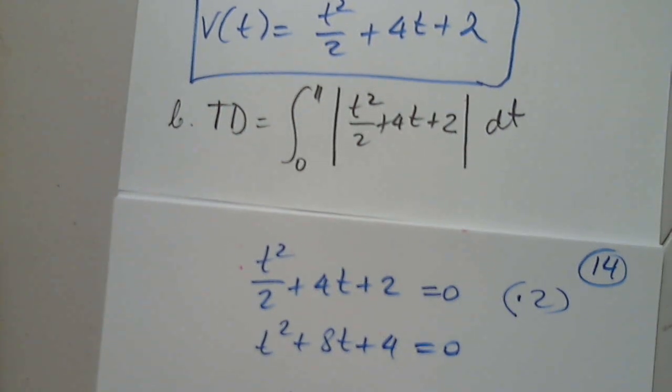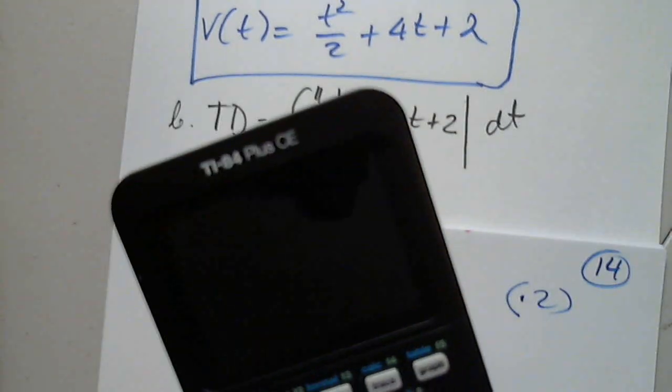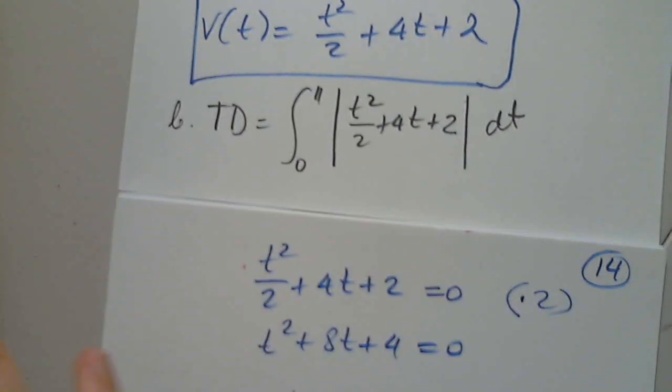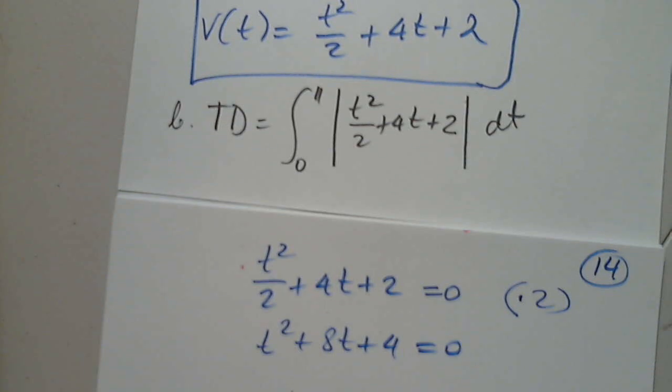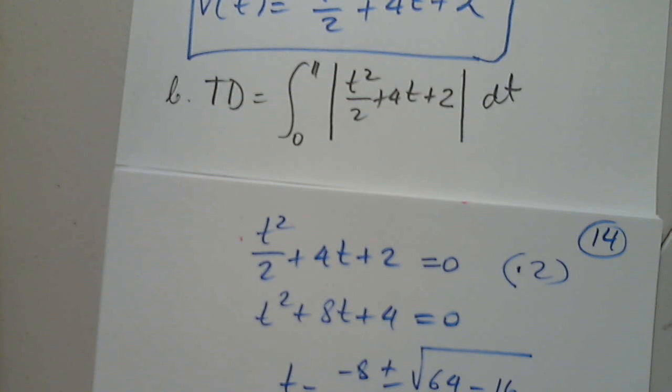So t equals, I'm going to use the quadratic formula. We can use the calculator, the apps and the polynomial feature. Negative b plus or minus the square root of b squared minus 4ac.